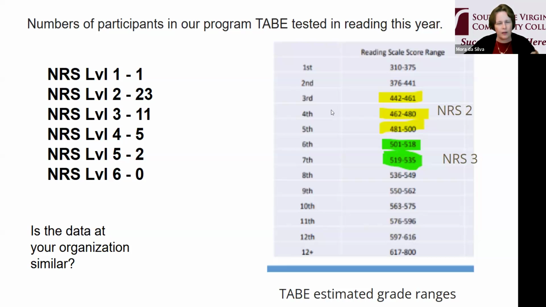Now level 3 is about 6th, 7th grade, NRS level 3 here, and they need some attention. We have a lot there, so they also need some attention in evidence-based reading instruction. So is your data at your organization similar? And it probably is.